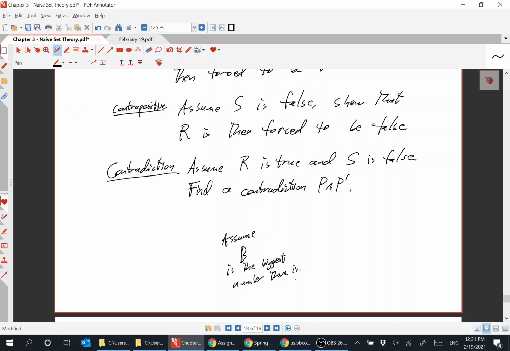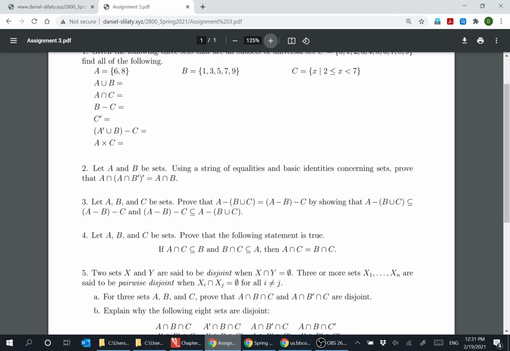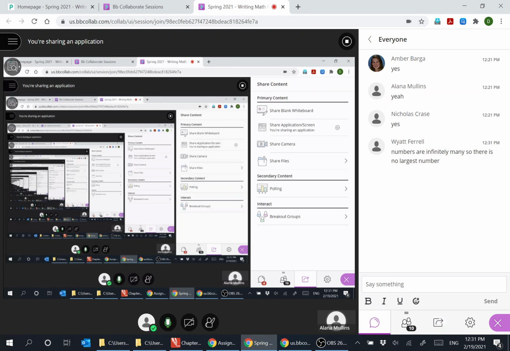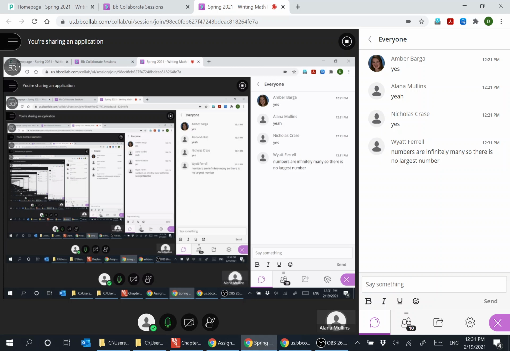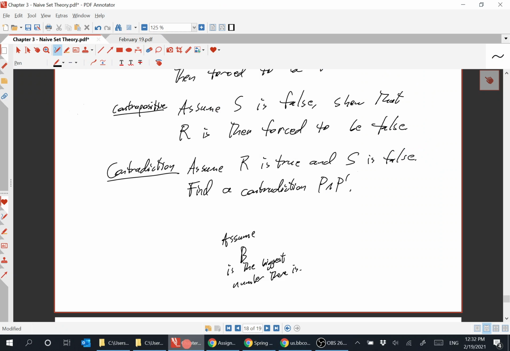Assume B is the biggest number there is. Bazillion is the biggest number ever. Well, that's what we're trying to show, right? We want to show that there's infinitely many. There's infinitely many because there's no biggest one. Right? But we can't say that there's no biggest one because there's infinitely many.